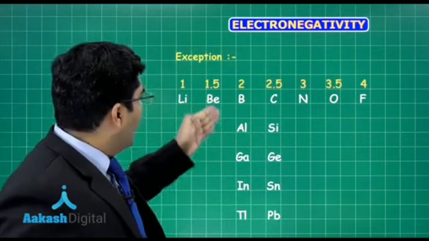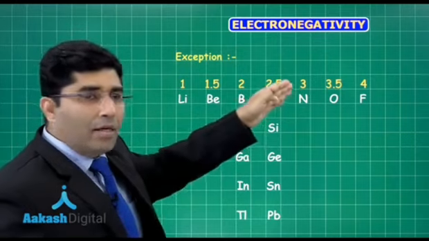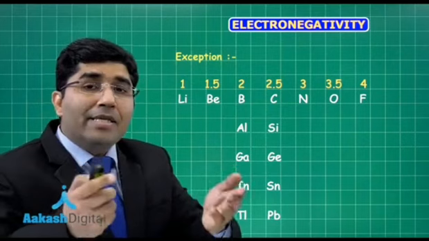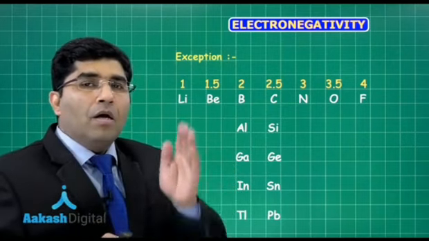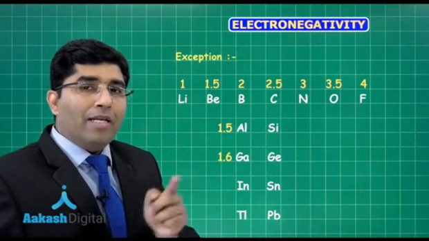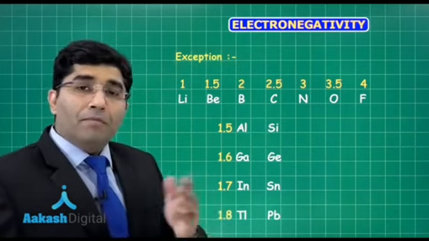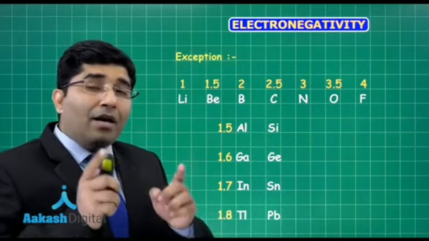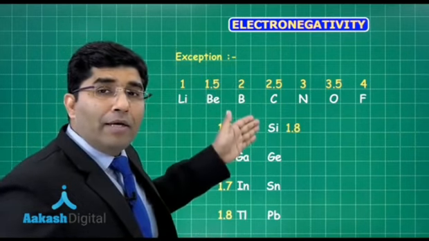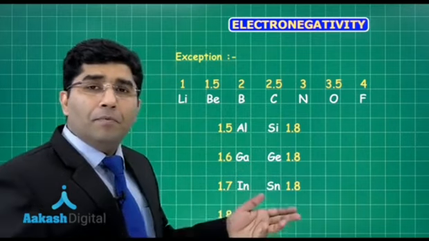This is the electronegativities we just discussed. In 13th group, the electronegativity increases after aluminum. Like aluminum has the electronegativity 1.5, then gallium has 1.6, then it is 1.7 for indium, then thallium. In the carbon family, carbon has 2.5, silicon 1.8, germanium 1.8, tin 1.8, they are same, and lead 1.9.